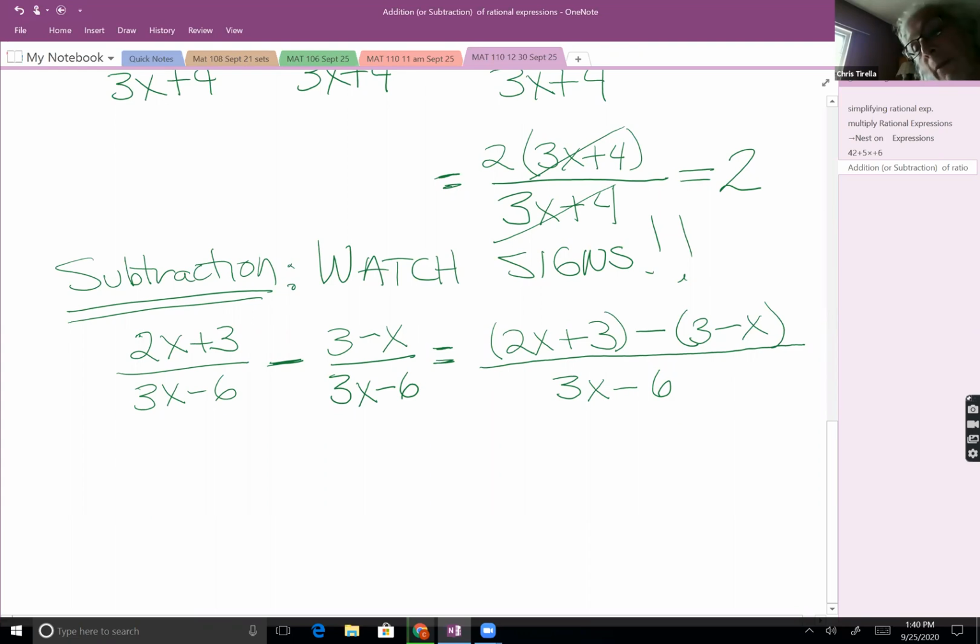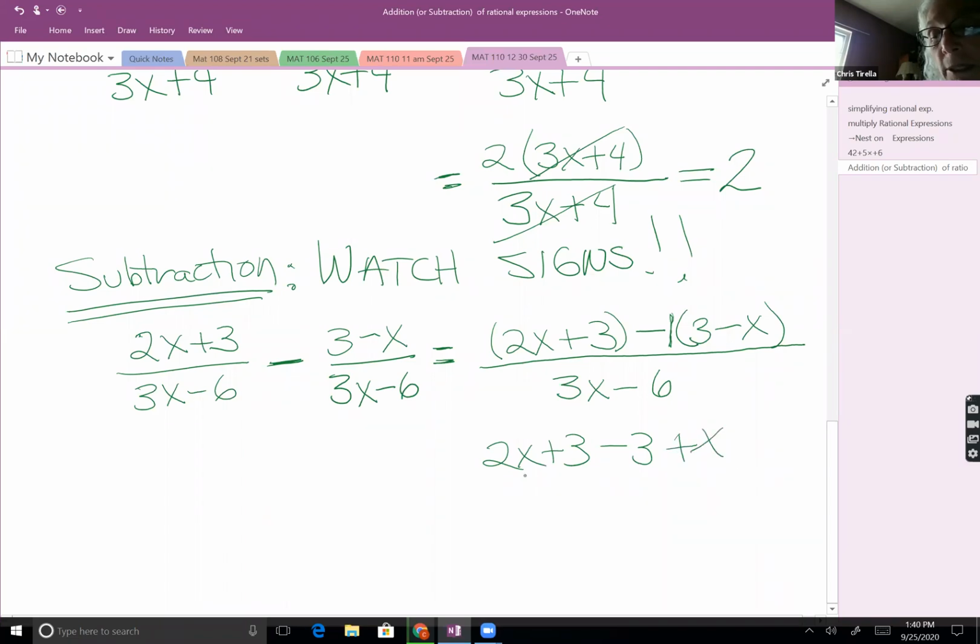Does everybody remember when we were subtracting binomials, polynomials, we said we want to put that 1 in front? And so that becomes 2x plus 3, and we have to distribute the negative 1. So it becomes minus 3, minus times minus is plus x.